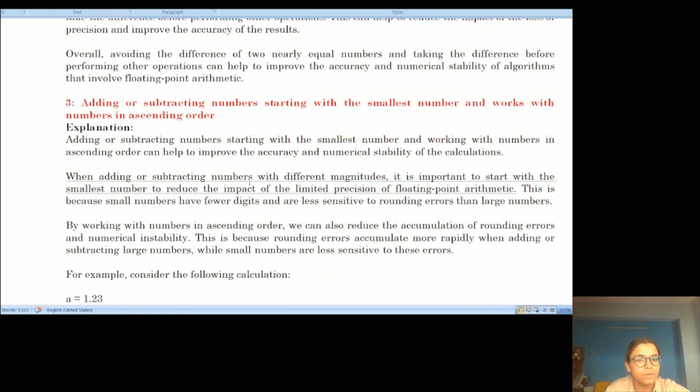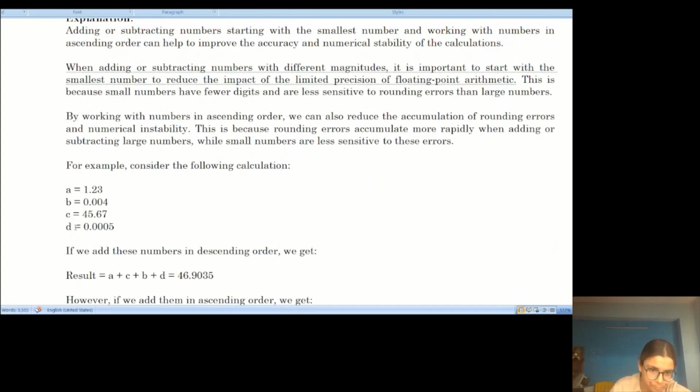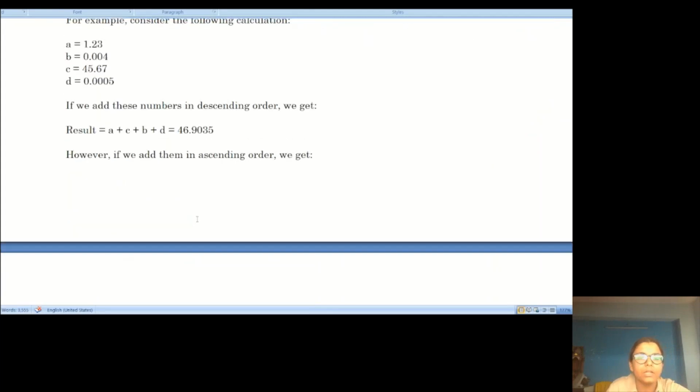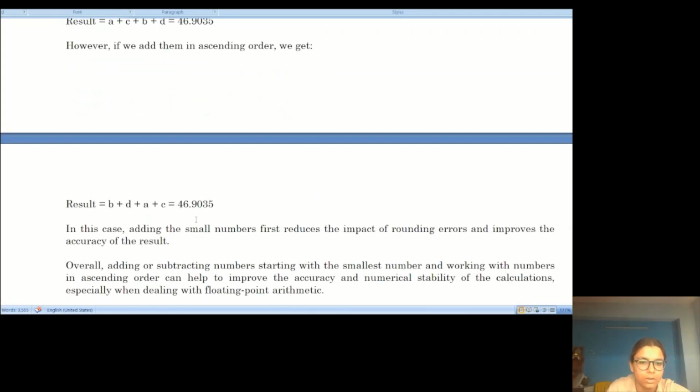For the third statement, we have adding or subtracting numbers starting with the smallest number and working up in ascending order. For example, we have A, B, C and D. Now we add these numbers in descending order, and then we think about ascending order. If this is the case, adding the small numbers first reduces the impact of rounding numbers.